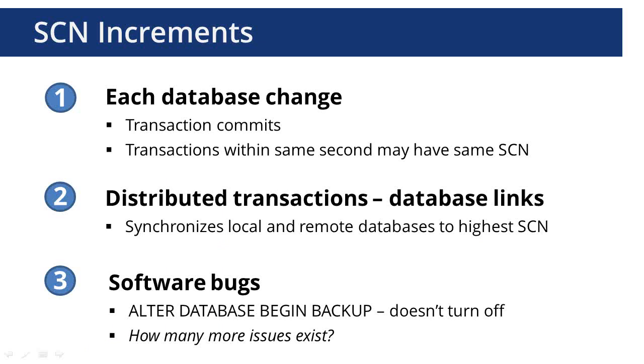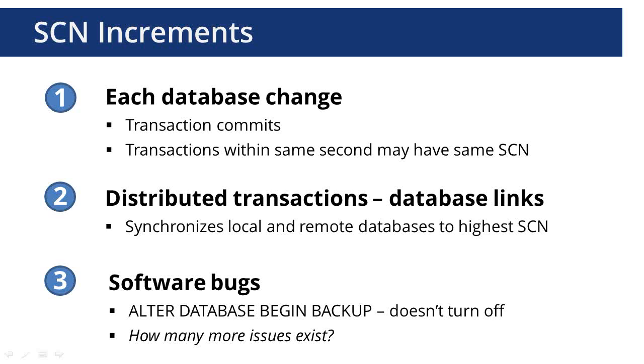So when two databases connect via database link, they will synchronize to the highest SCN. So now, not only is my SCN incrementing for every change in my own database, the databases together start incrementing their SCNs, and they'll start synchronizing to the highest SCN via database links.